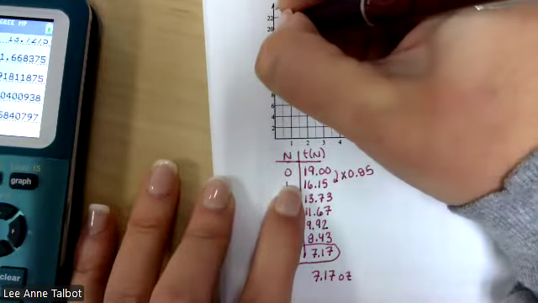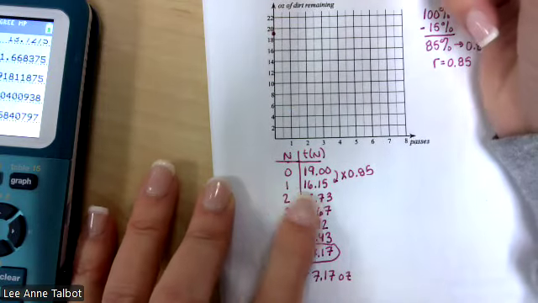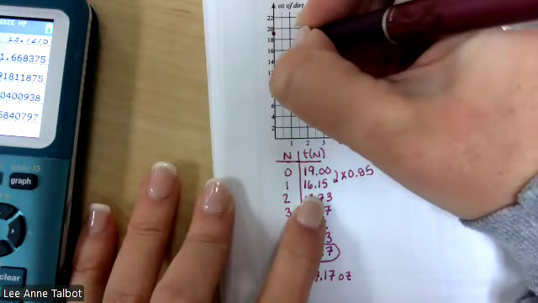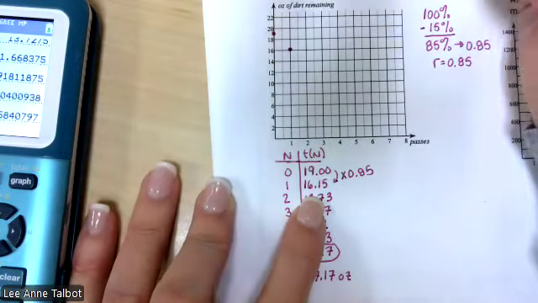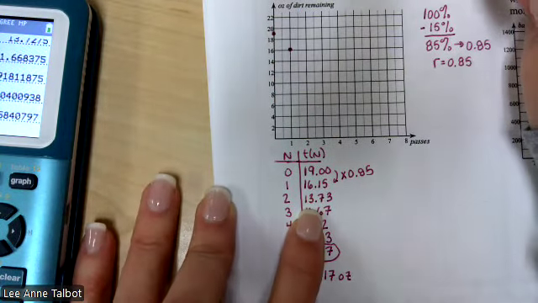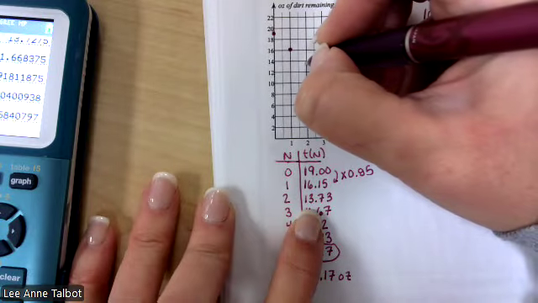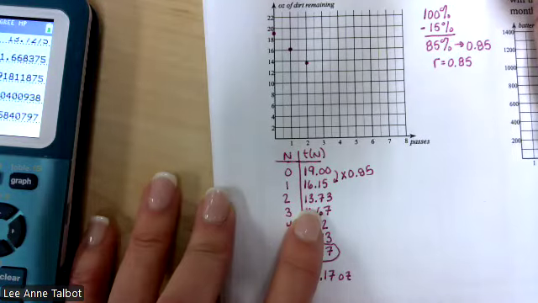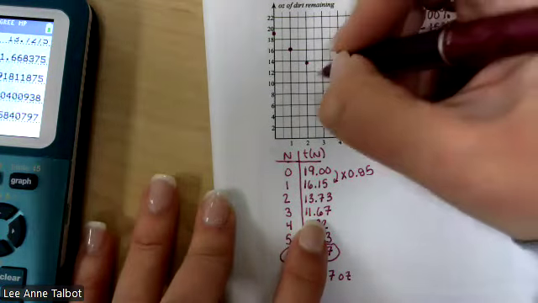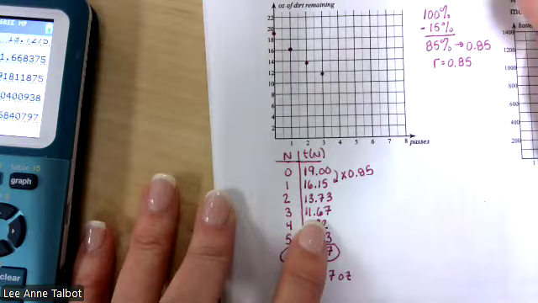So 19, 16.15. Just do your best estimates here. 13.7-ish. 11.7-ish.